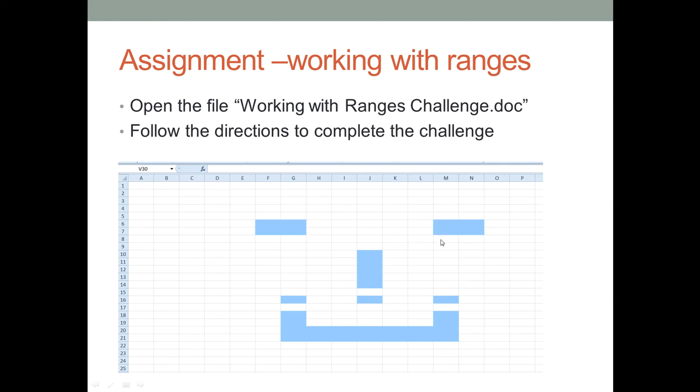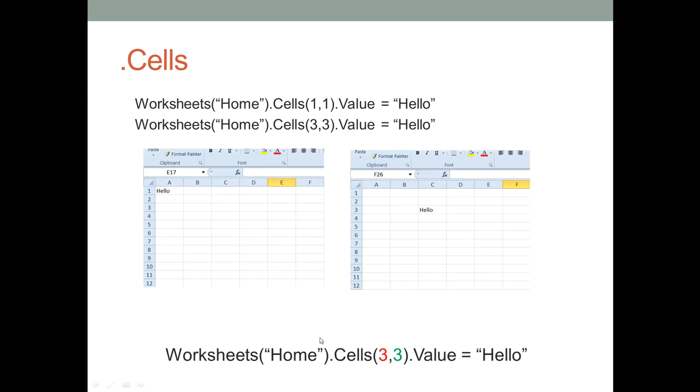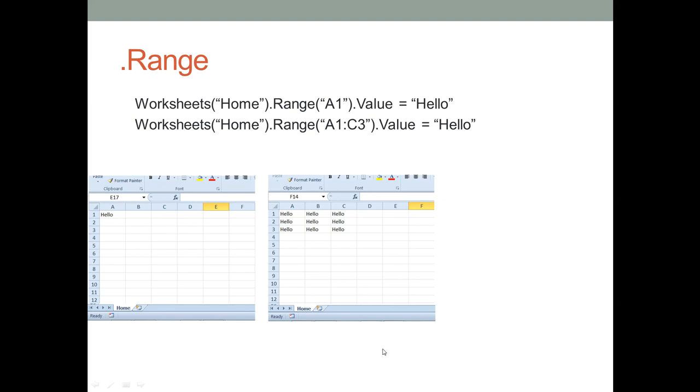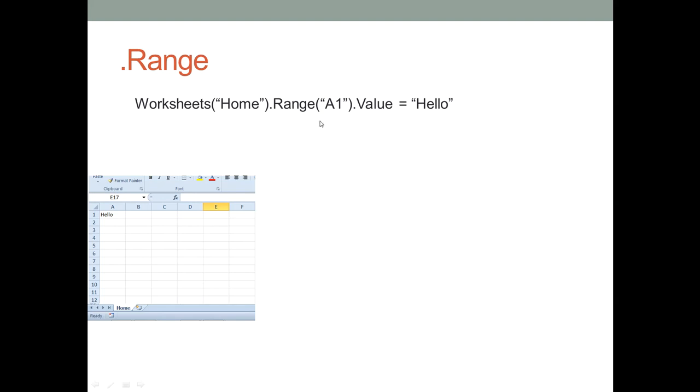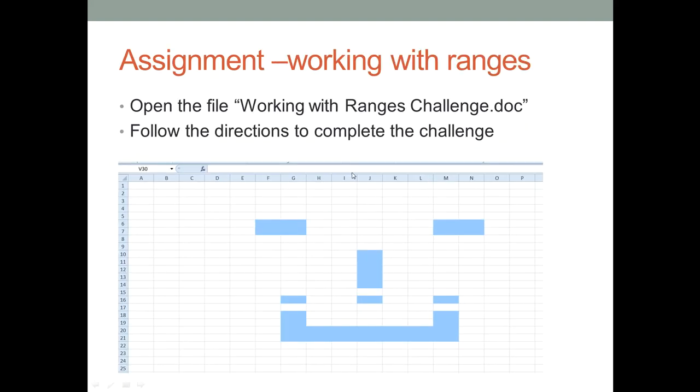By the end of this challenge, you're going to be really comfortable knowing how to work with the cells call and the range call, and that's really important because we use these all the time in automation. So open up that worksheet, and then follow those directions.